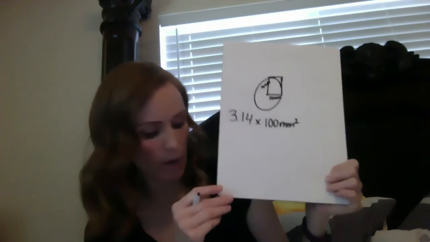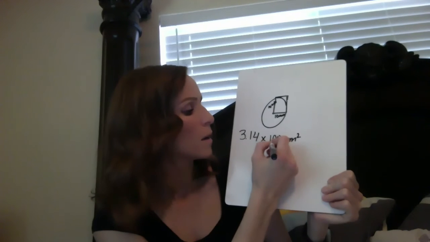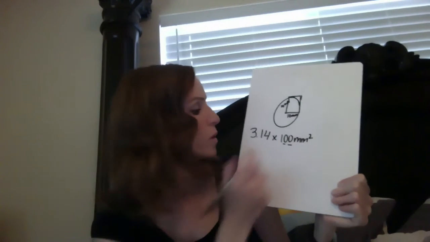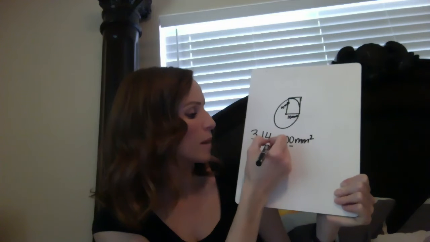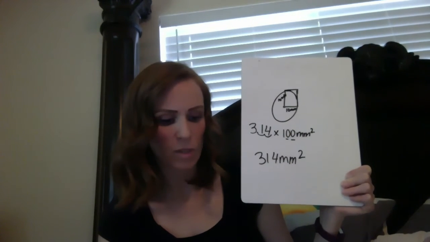So what do I do here? Well, multiplication makes a number bigger. These zeros, there are 2, so I'm going to bump this and make it bigger by 2. Therefore, I'm going to have 314, and then we keep the same label, millimeters squared, and that is the area of this circle.